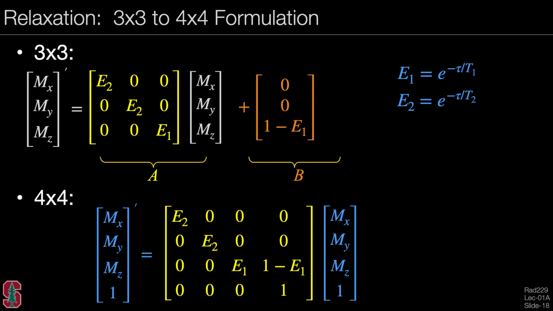So quite a simple transformation here. Notice that we could easily do the reverse transformation of any of these operations simply by extracting the A matrix and the B vector from the 4×4 representation.